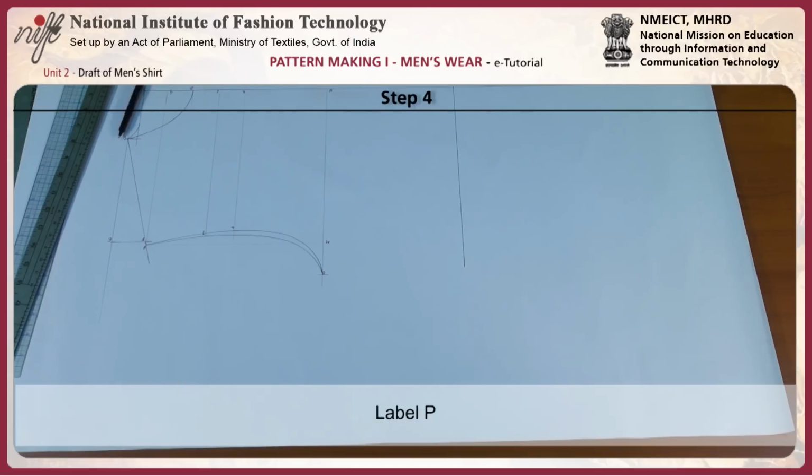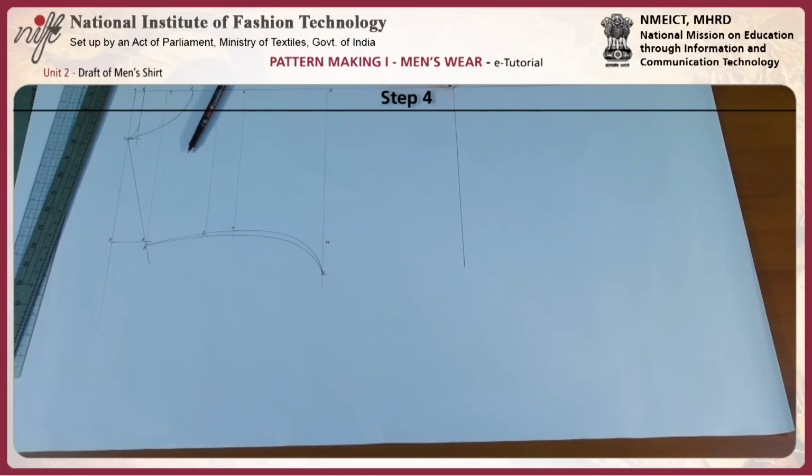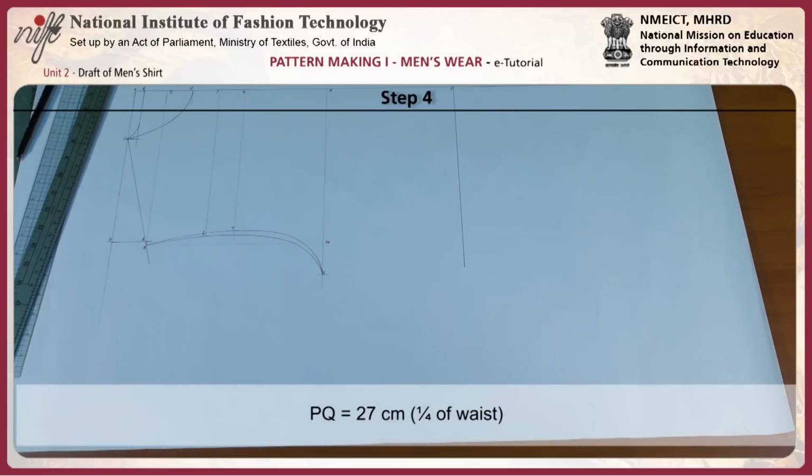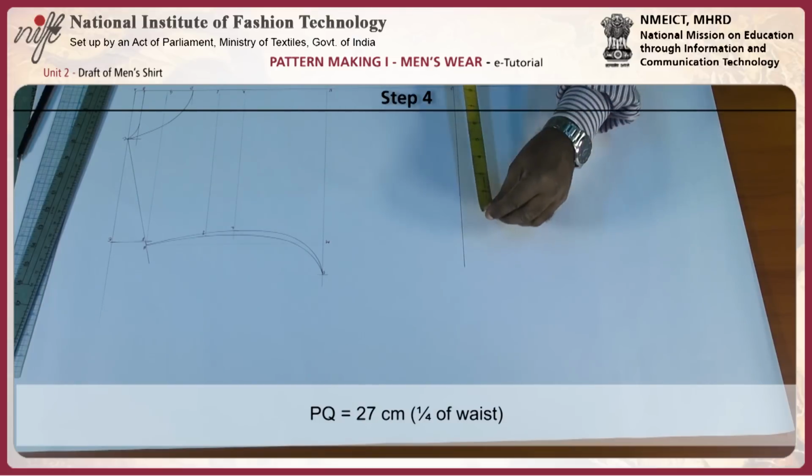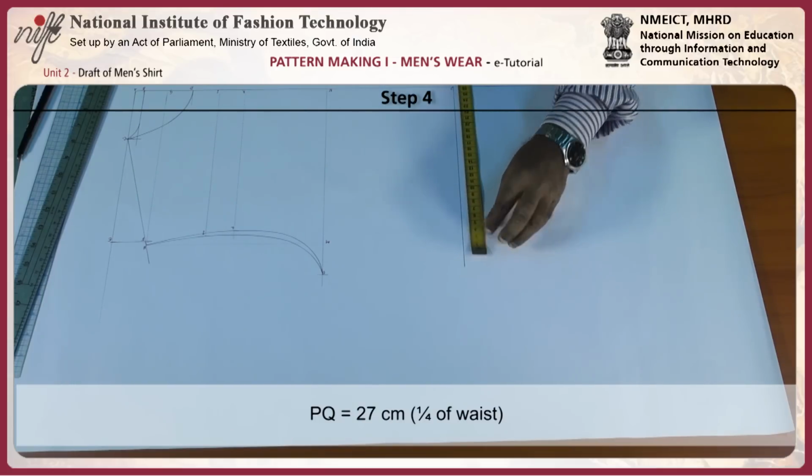Label P. P to Q, 1/4 of waist, 27 centimeter.